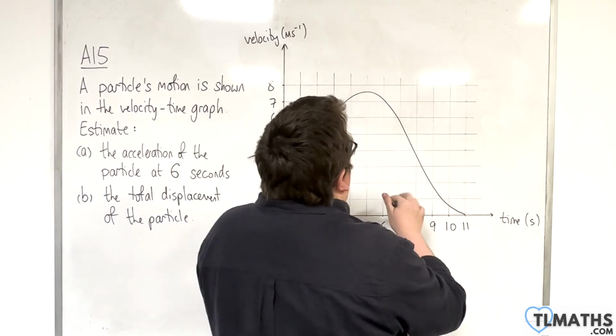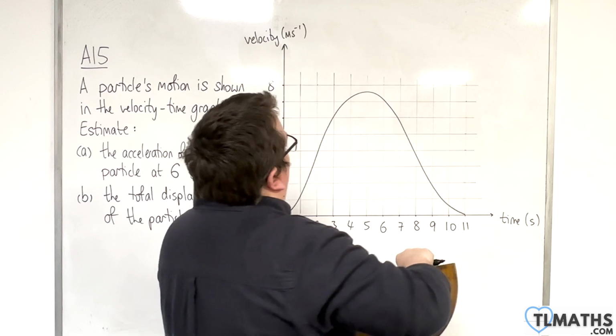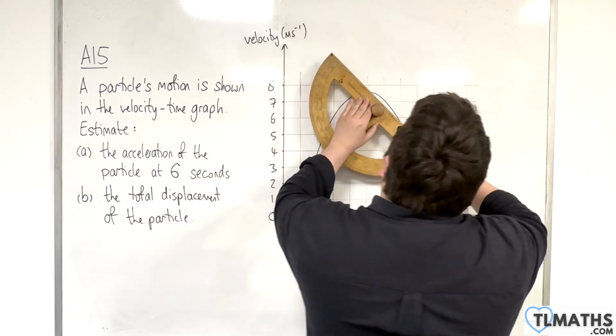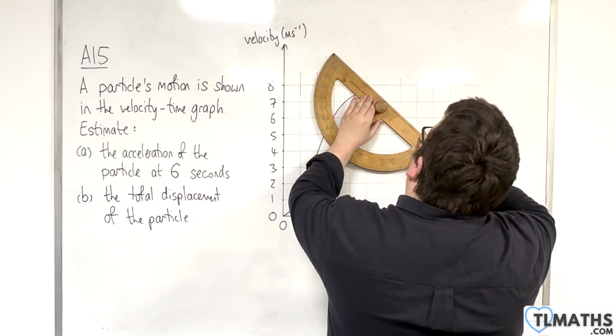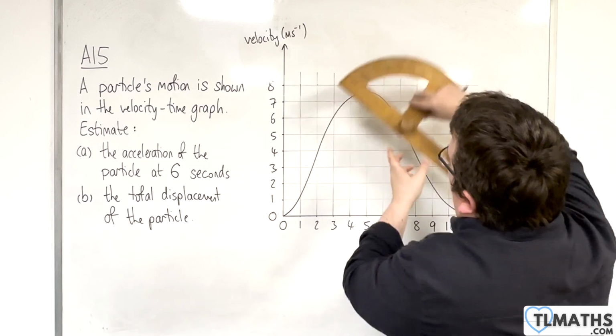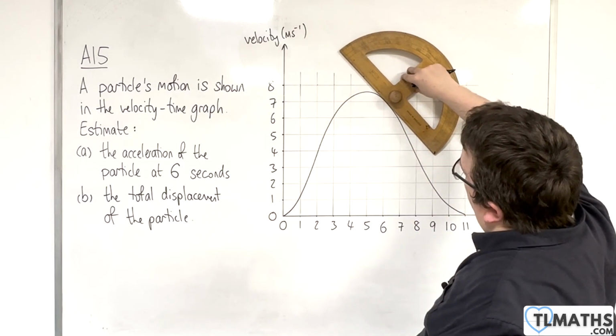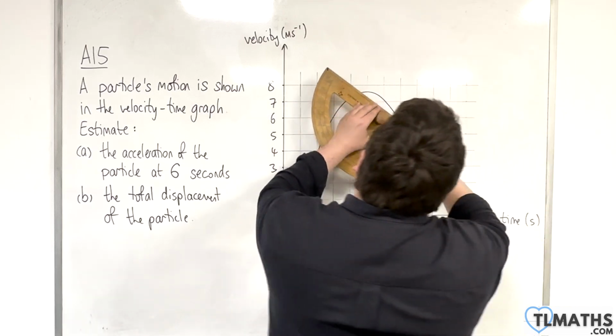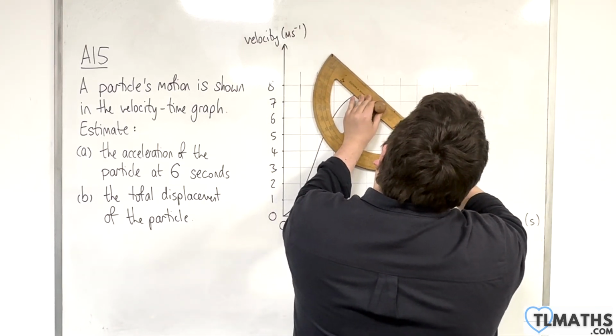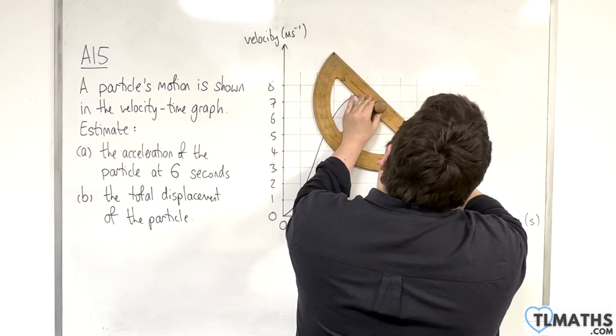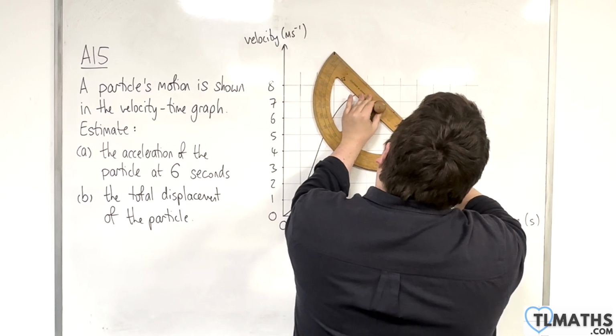So at 6 seconds, what we need to do is draw a tangent line where, either side, you're trying to get the same amount of curve coming out on either side. Something like this, I reckon.